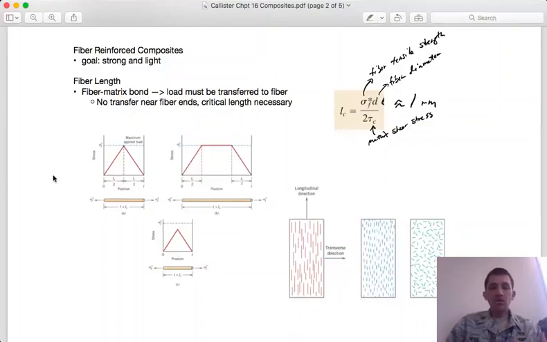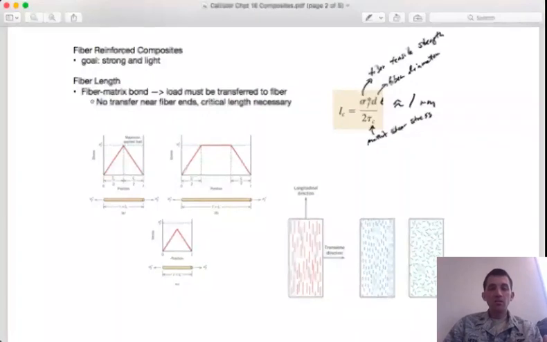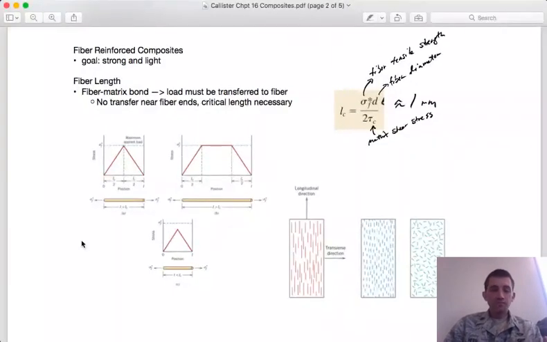Just like with the particles, we're relying on the bond between the matrix and the fiber. And for that bond to develop, you need to have a certain length of fiber.